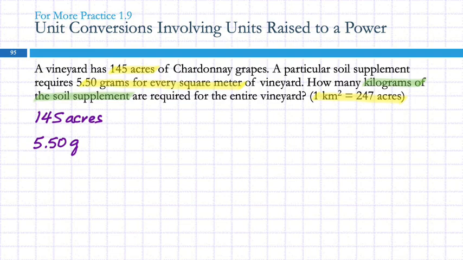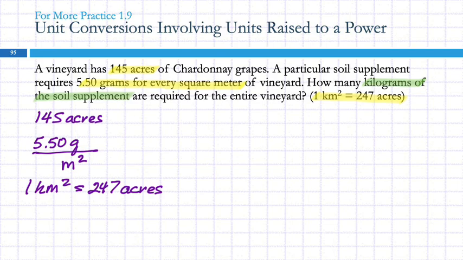That's the same as per, right? Grams per square meter. So let's write that as a vertical fraction, grams per square meter. And then I've got this relationship at the end: 1 square kilometer is equal to 247 acres.